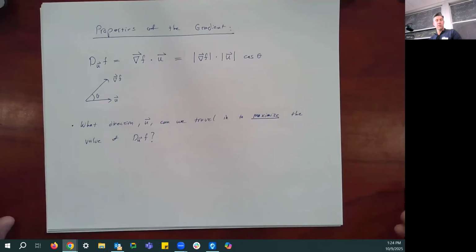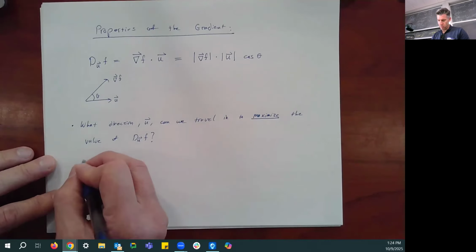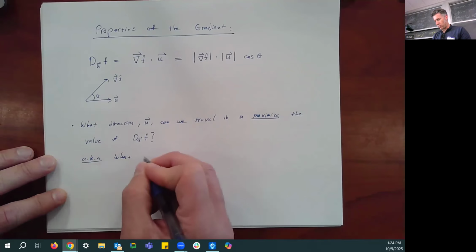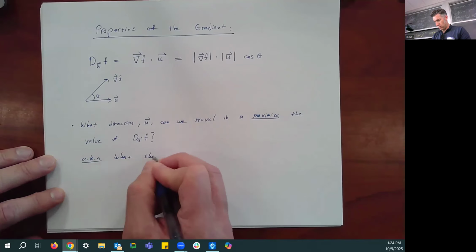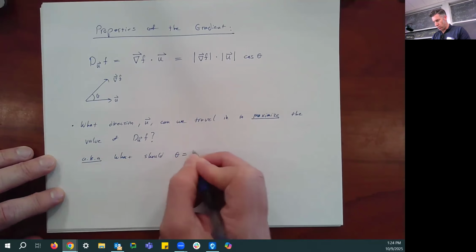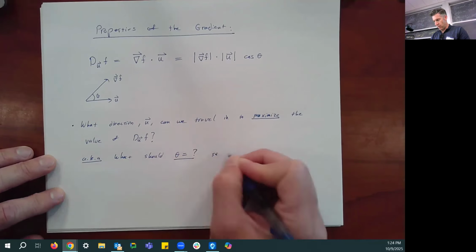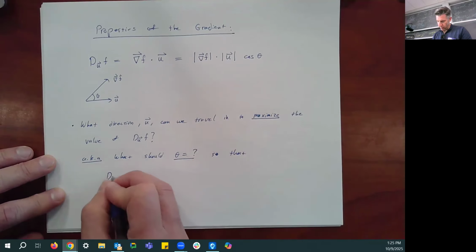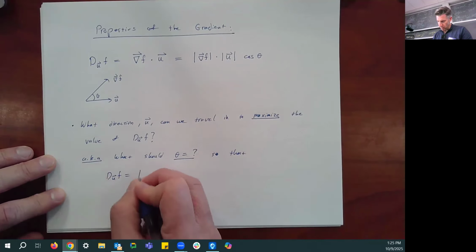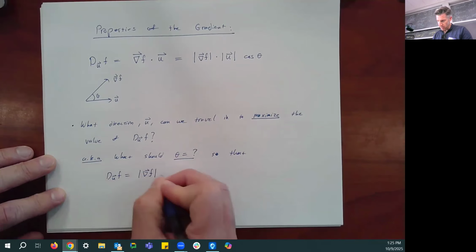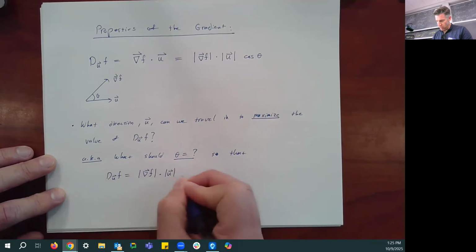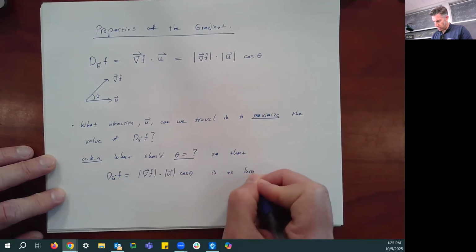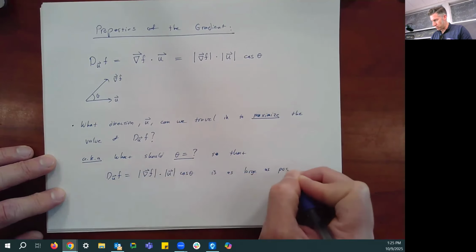In other words, what should the angle theta be? So what should theta equal so that the directional derivative, equal to the magnitude of the gradient times the magnitude of u times cosine of theta, is as large as possible?